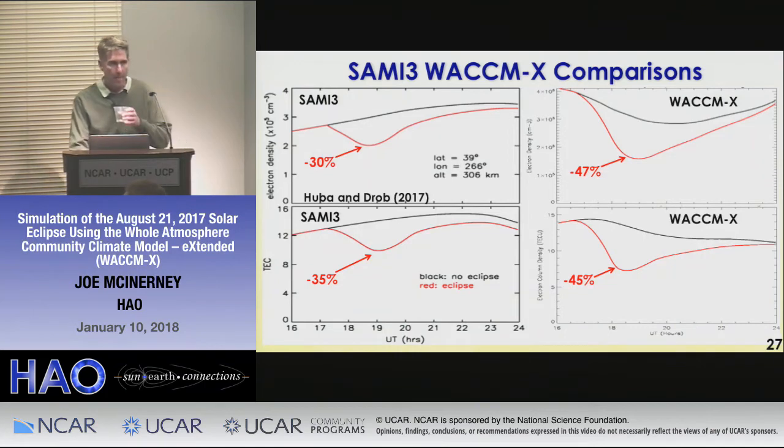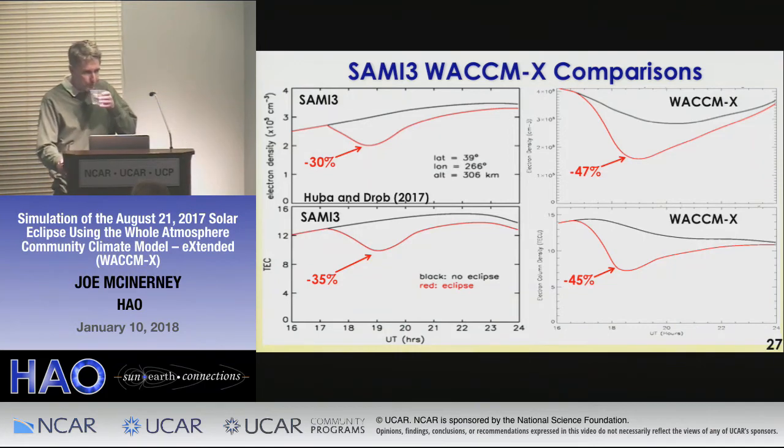Can I ask a question about that, Joe? I don't know how familiar you are with what SAMI3 was doing here, but are they taking that empirical thermosphere model and changing its parameters along the path of the eclipse? Do you know? No, they don't do any of that. It's MSIS for the whole period, but not with different radiance or anything like that, or due to the eclipse.